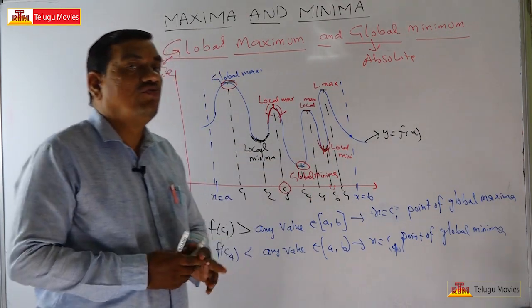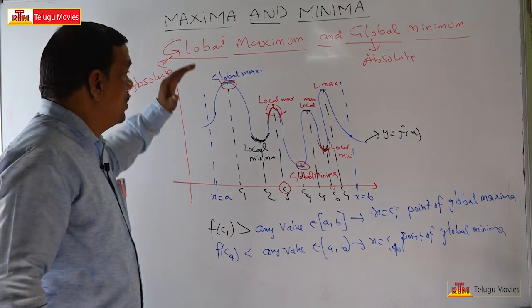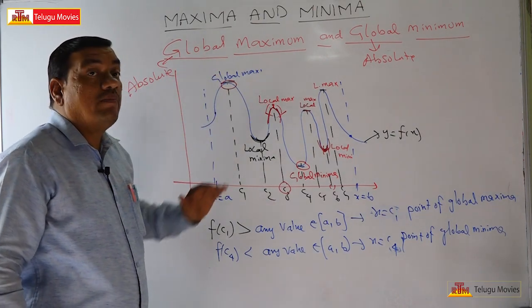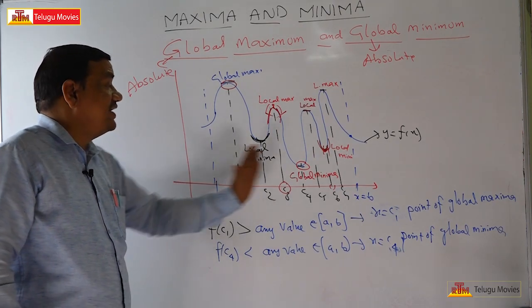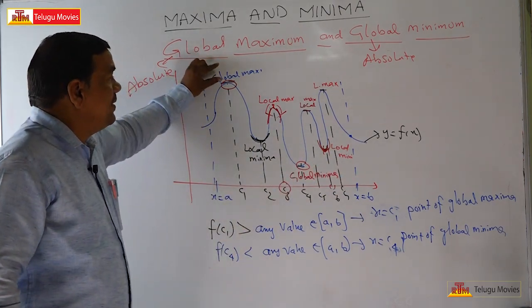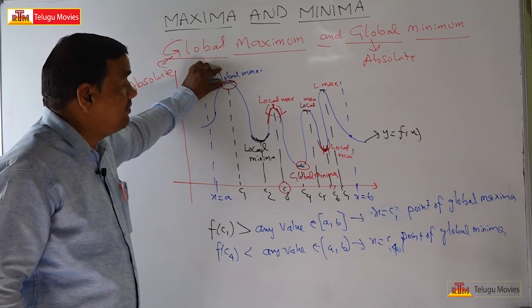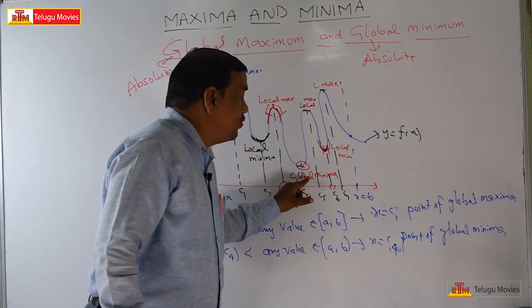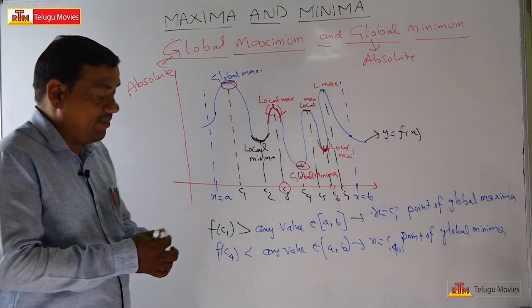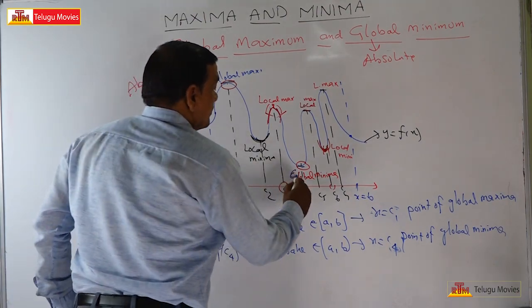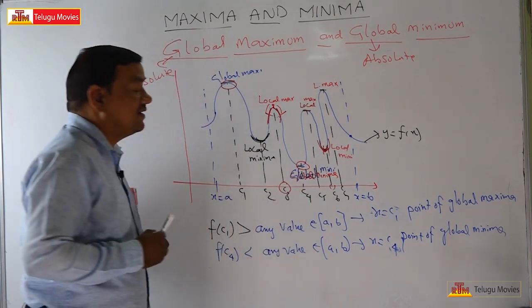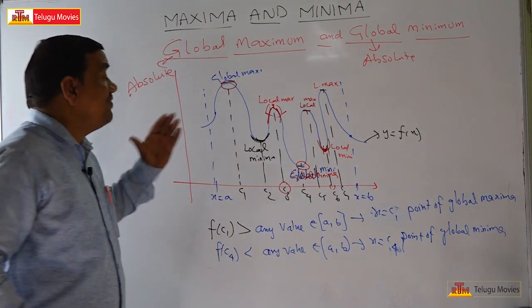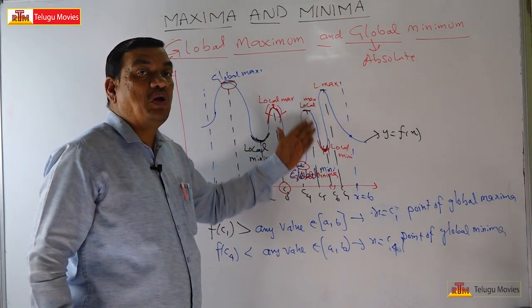From this conclusion, what you can say: global maxima and local maxima are entirely different concepts. In an interval a, b, there will be one and only one global maxima and one and only one global minima. But there exist infinite numbers of local maxima and local minima.